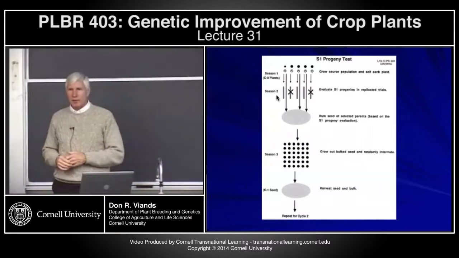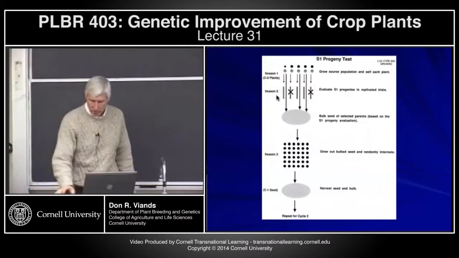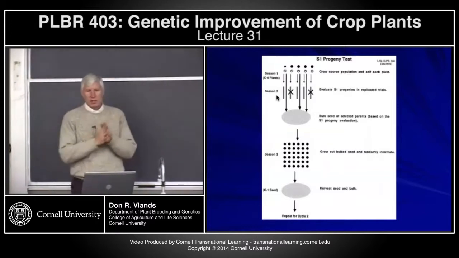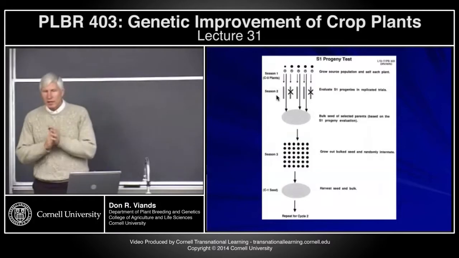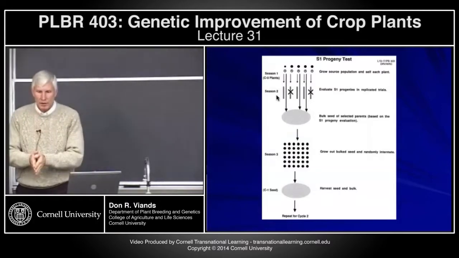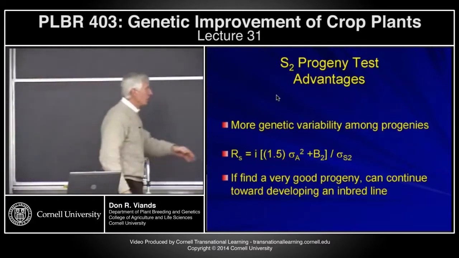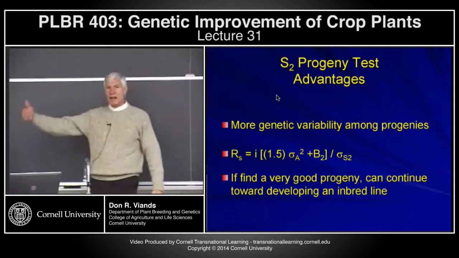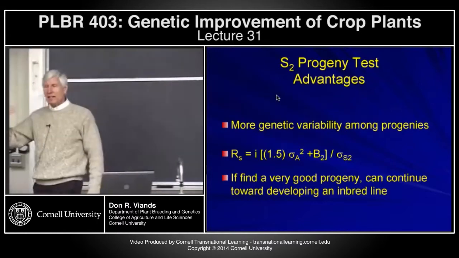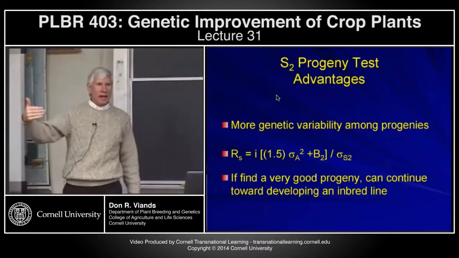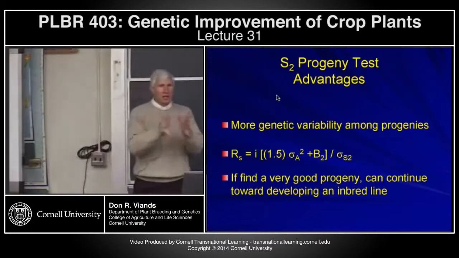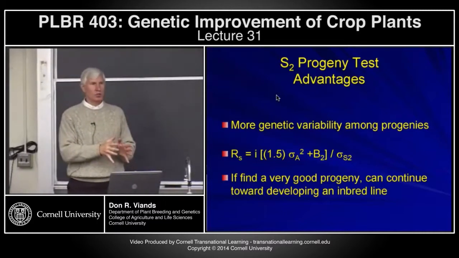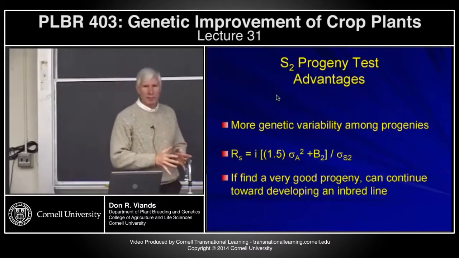Okay, now the major advantage, let me flip to where my slides are here to catch up. The major advantage is that in contrast to the S1 method, where the A value was 1 up here in the numerator of the response from selection equation, now it's 1.5. In essence, at least theoretically, you've created additive genetic variation among the S2 progenies. You have more than you had even compared to the original parent plants that you started with in the plant population.